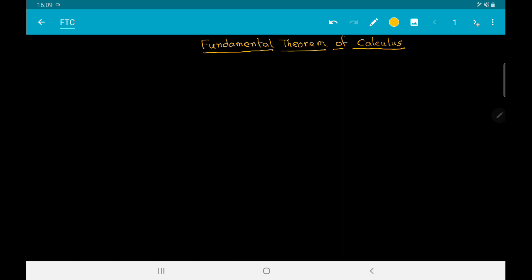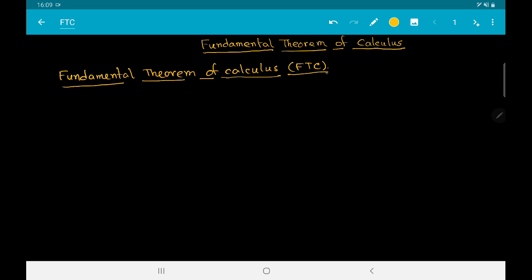So let's see what the fundamental theorem of calculus says. We will often refer to it as FTC in our future lectures, and here goes the statement.